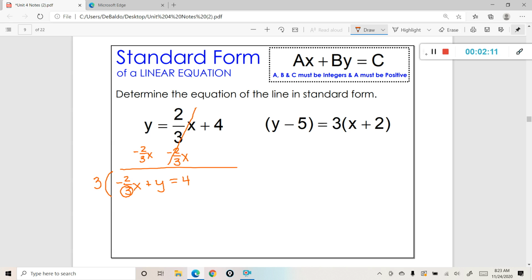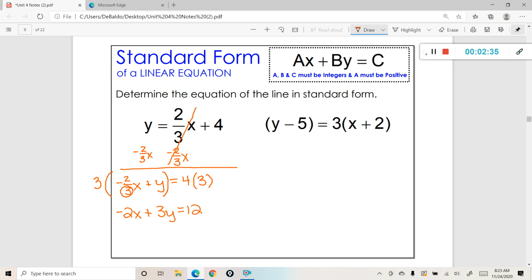Now, when I multiply the whole side, it's the whole side. Also, I'm going to multiply the other side by 3 as well. Common mistake is to forget to multiply it by the y on the left side. So if I multiply the first part, I'm going to get negative 2x plus 3y is equal to 12.